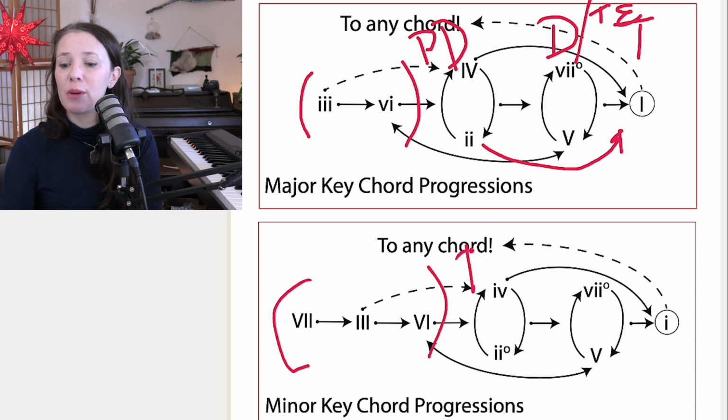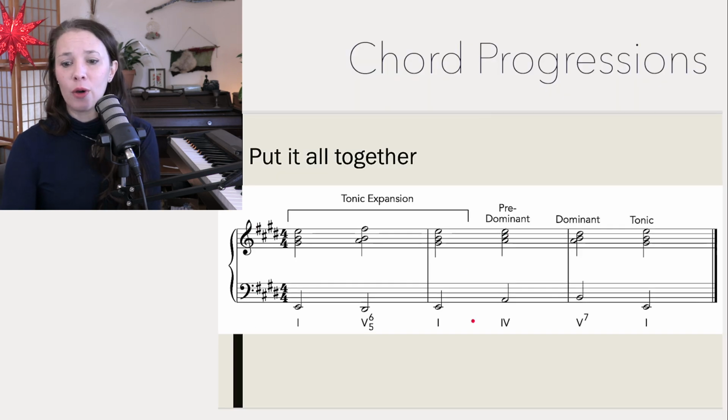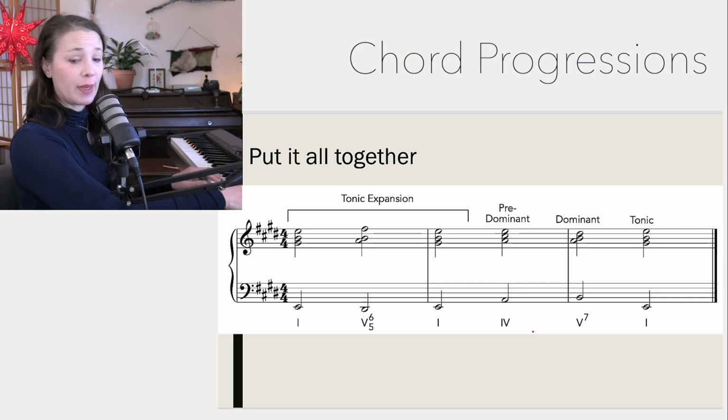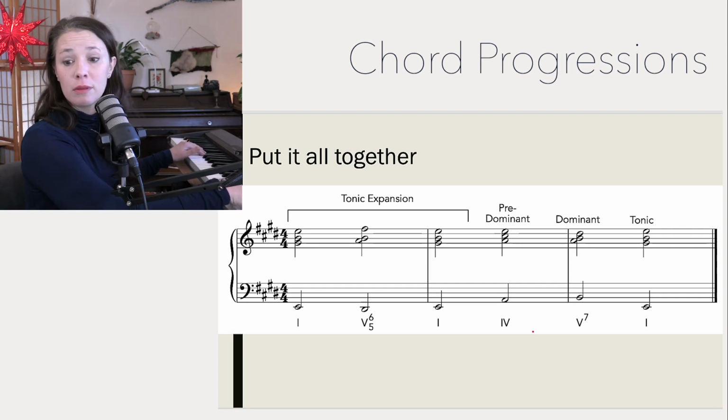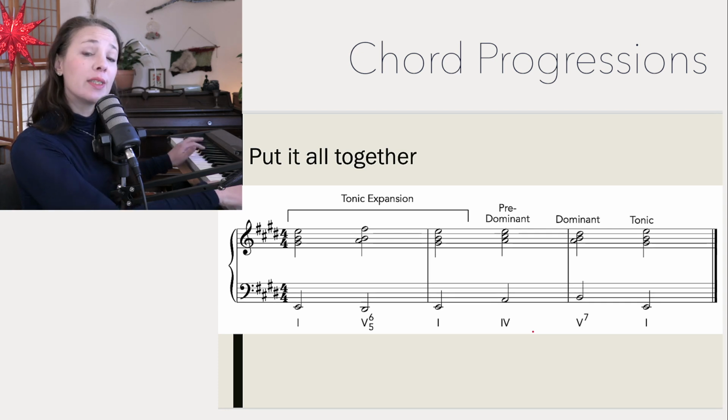All right, and same for minor. We have our predominant, our dominant, tonic expansion, and then our tonic. Okay. Now, when we put it all together, we can see how it works in a progression. So we have our tonic expansion. So hopefully you're used to the sound of tonic expansion by now.